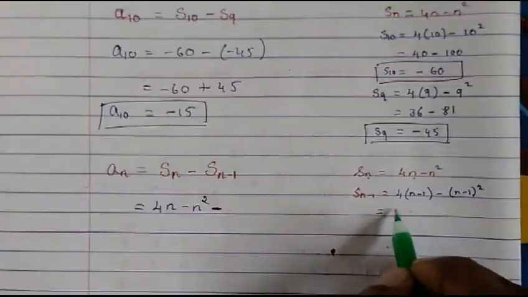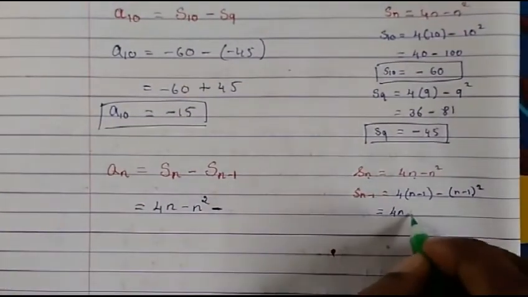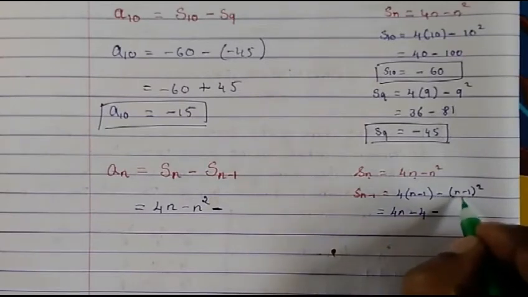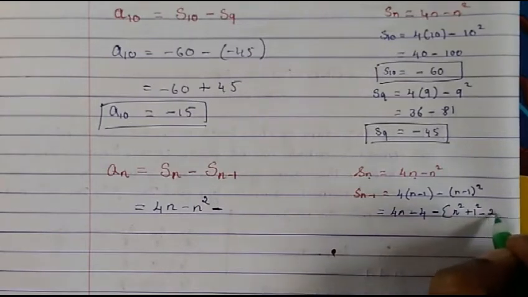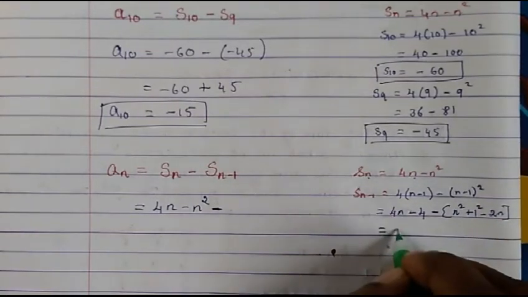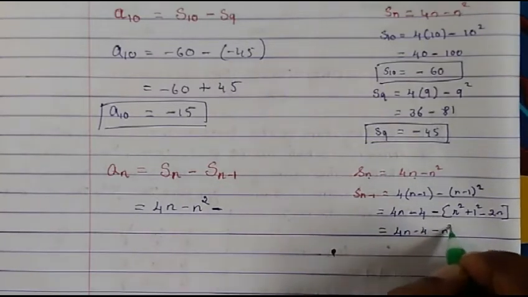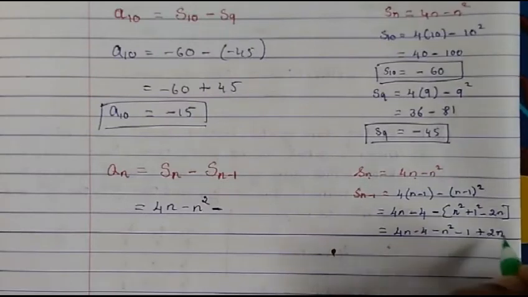So what we will get is 4n, minus 4. This is in the form of a minus b whole square, which we normally write as n square plus 1 square minus 2n. So then we will get 4n minus 4, minus n square, minus into minus plus, 1 square will be 1, and minus into minus plus 2n.